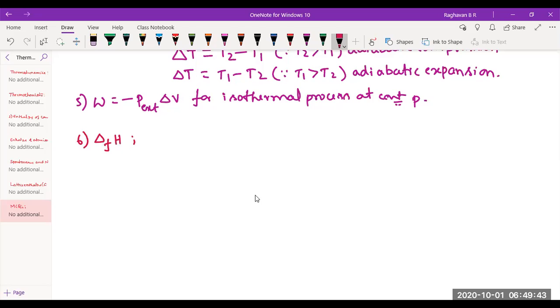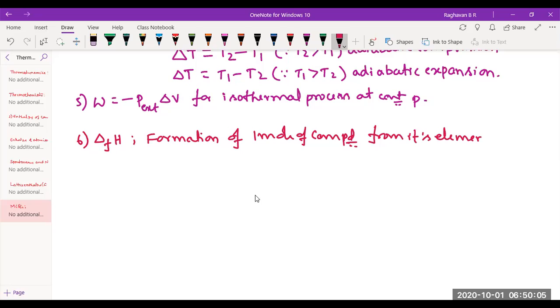It is for the formation of 1 mole of compound from its elements. That is the condition. You should write an equation like that, and delta H has to be calculated. That is enthalpy of formation.